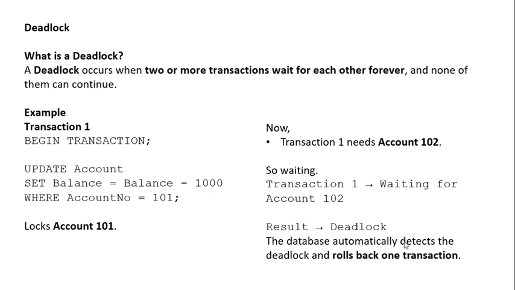The database automatically detects deadlocks and rolls back one transaction.